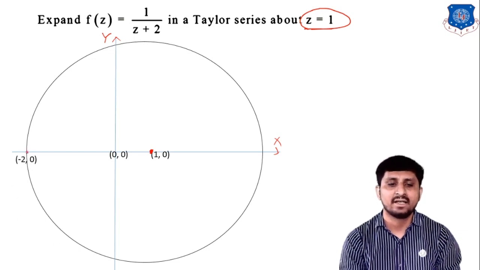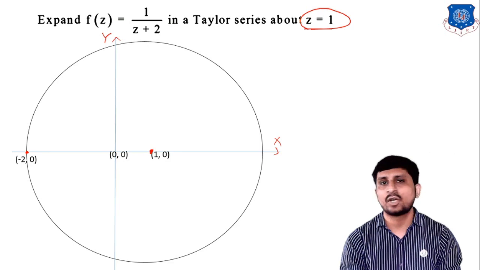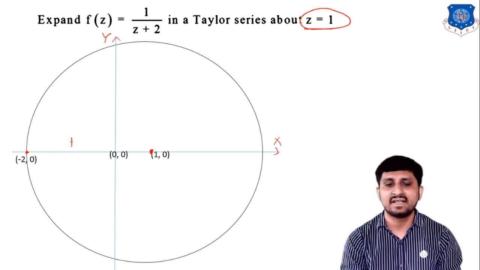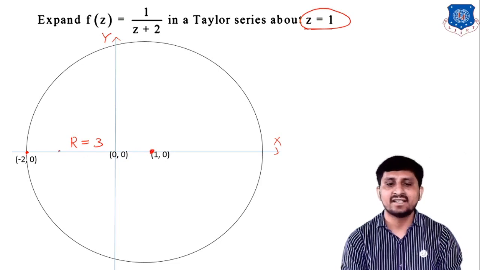So I can take a circle of maximum radius from this center point to (-2, 0). So what is my radius? Radius is 3, the distance from the point (-2, 0) to (1, 0).